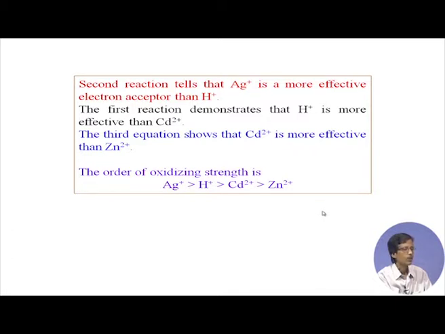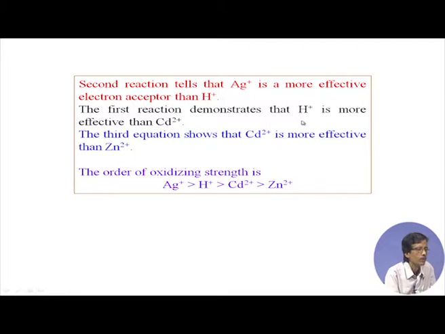We are talking about the oxidizing strength of all these species. We are looking at four species and their electron acceptance behavior, and in terms of oxidizing strength we try to have some order for the four different species. So, the first reaction tells us that H plus is more effective than cadmium 2 plus.